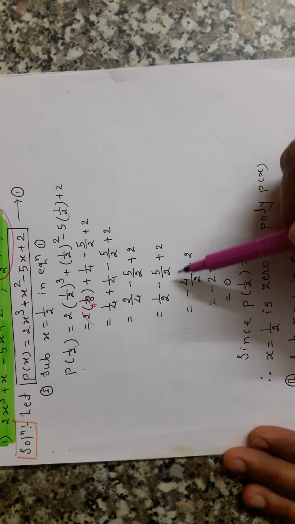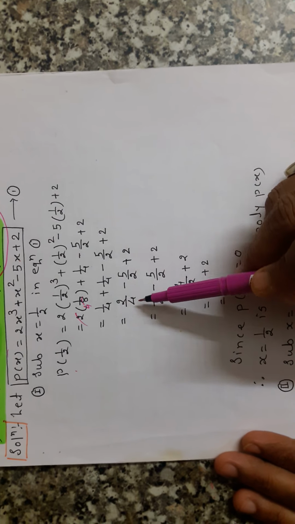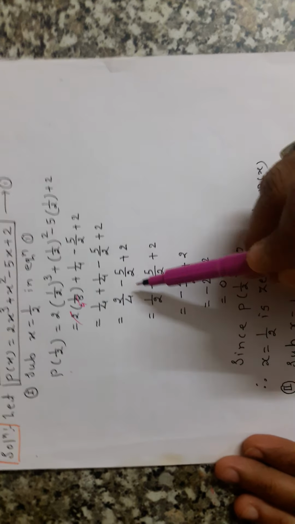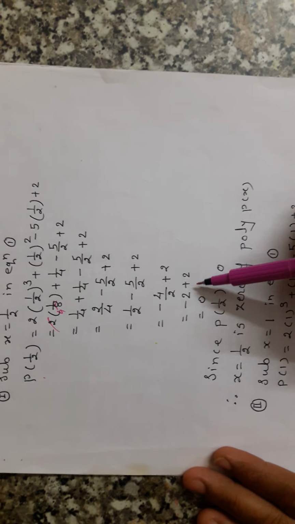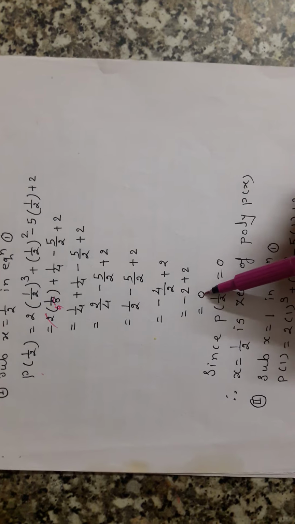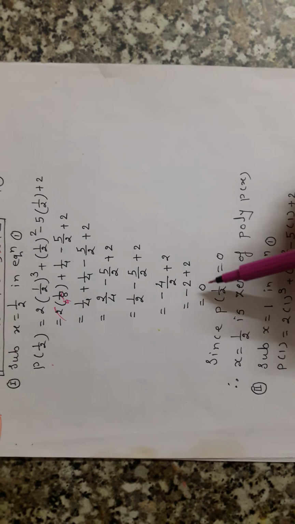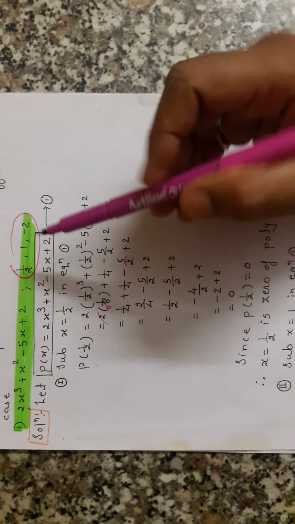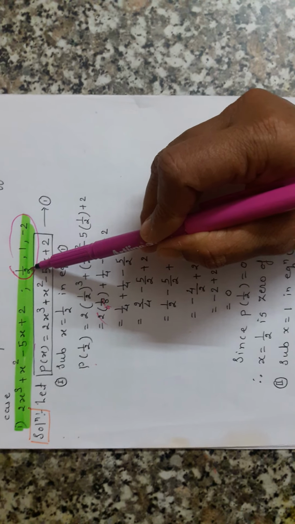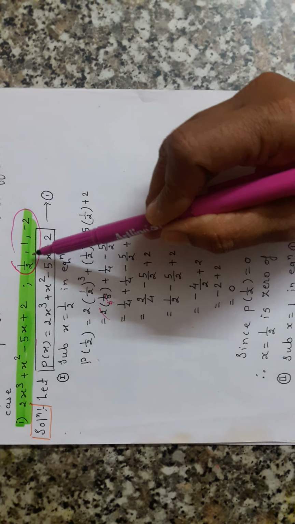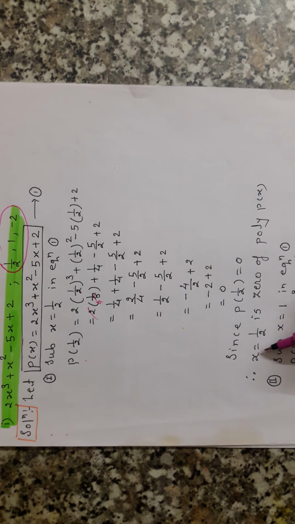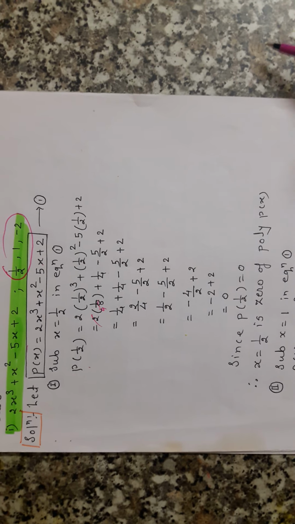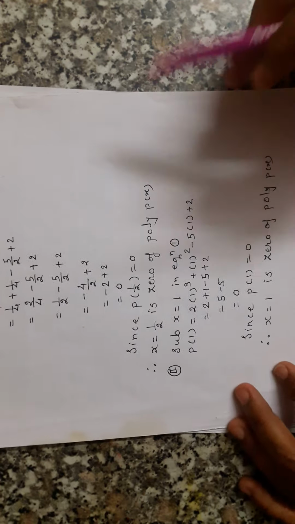After doing the addition and subtraction, taking the LCM as 2, lastly we got 0. Since p of 1 by 2 is equal to 0, therefore x is equal to 1 by 2 is a zero of the polynomial p of x.